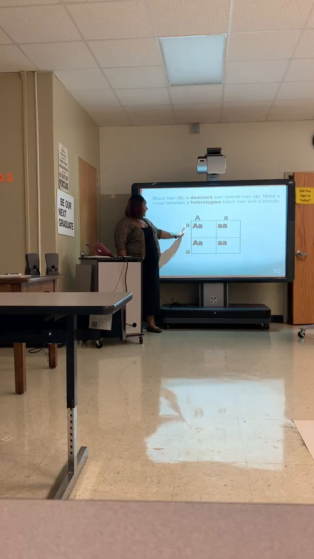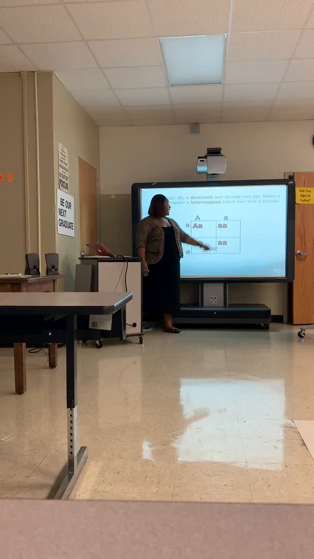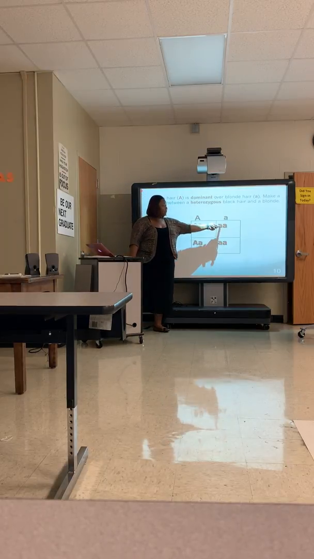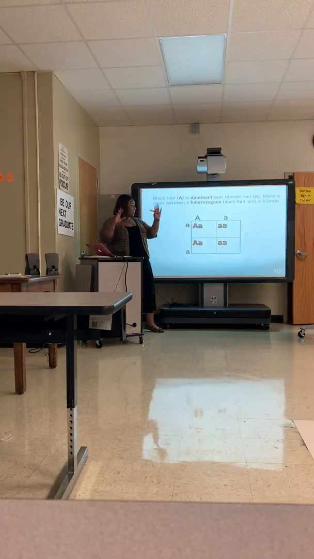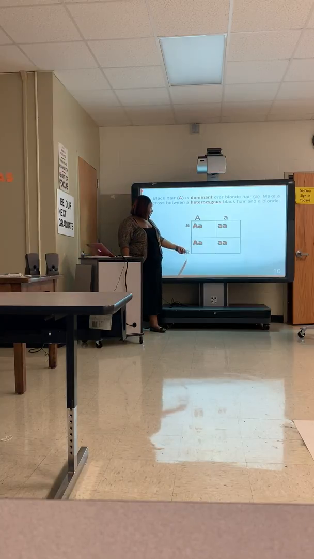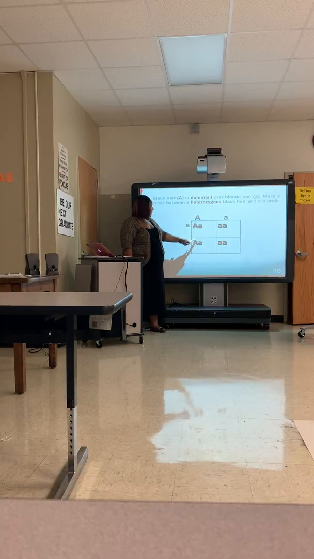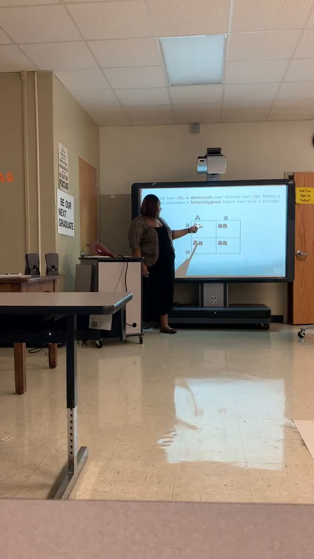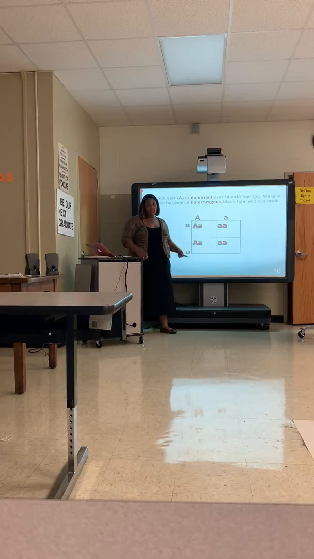Lowercase a with lowercase a, in this box, so there's a chance that it may come out blonde. Same thing here. Lowercase, uppercase, same thing. You get the same result. So there's a chance that they might come out with black hair. The last box, lowercase, you get the same result.